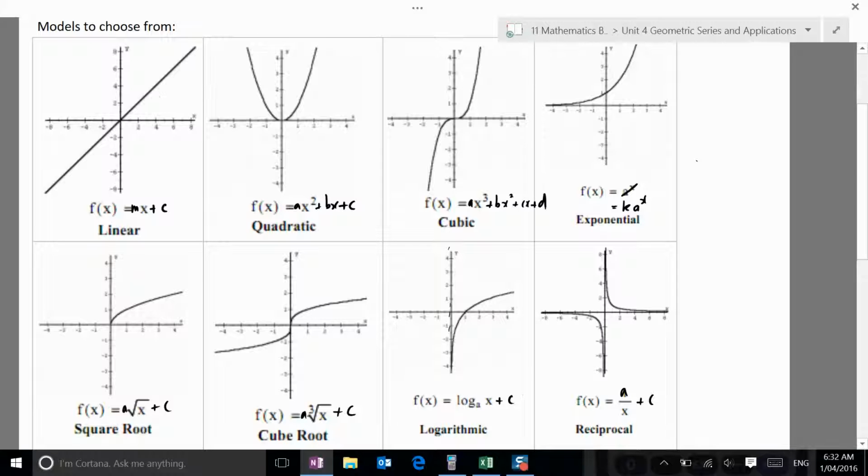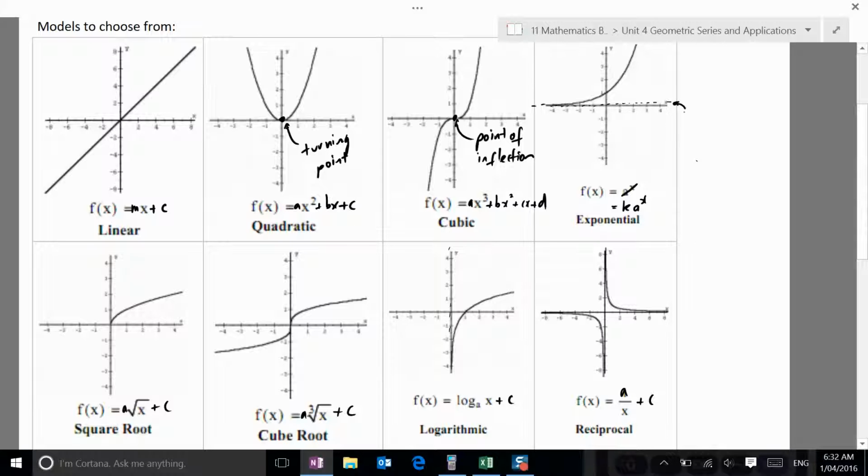Linear, straight line. Quadratic has this thing called a turning point. Cubic has this point called a point of inflection. We'll study them a lot more in the future. Exponential should be able to tell me this one. No?